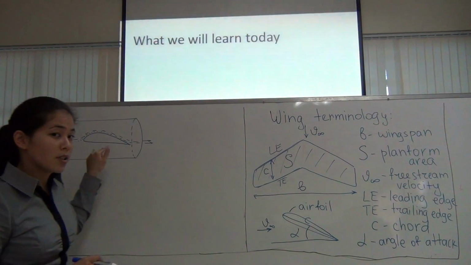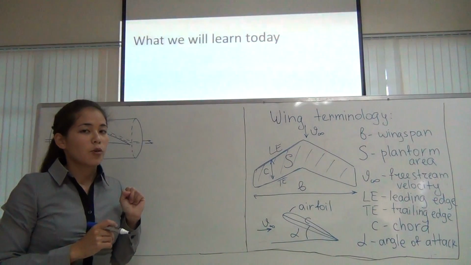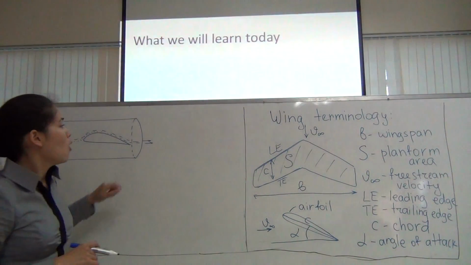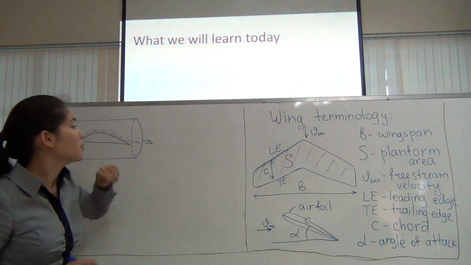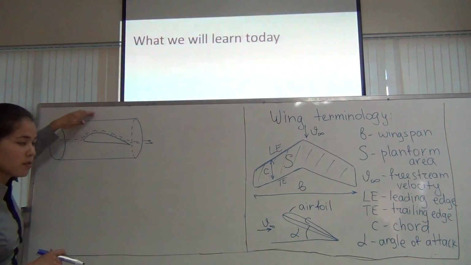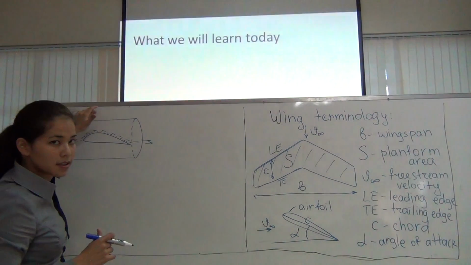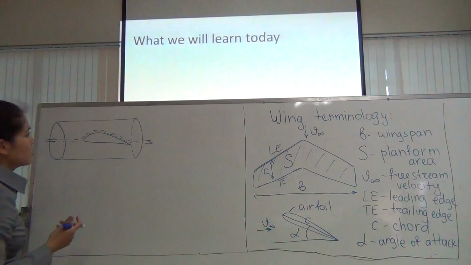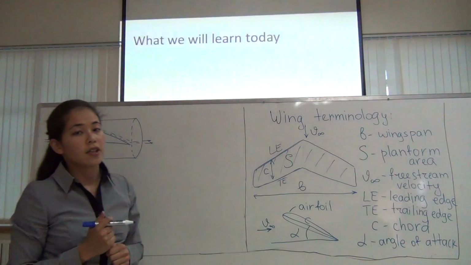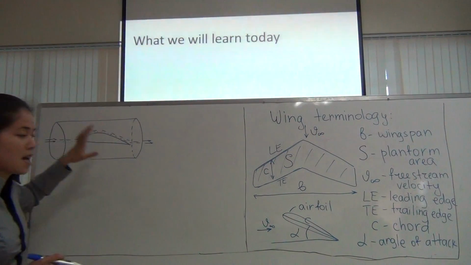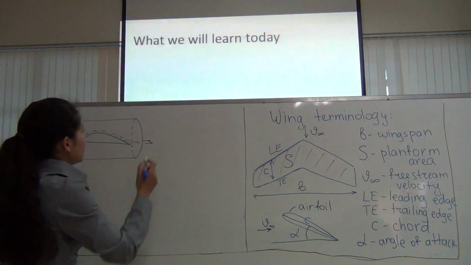So what can we conclude from here? We can say that whatever mass enters the wind tunnel also exits at the other side, because the walls of the wind tunnel cannot make any particles leave the wind tunnel. So this is called the principle of continuity. That means mass flow in equals mass flow out. Let's write it down.